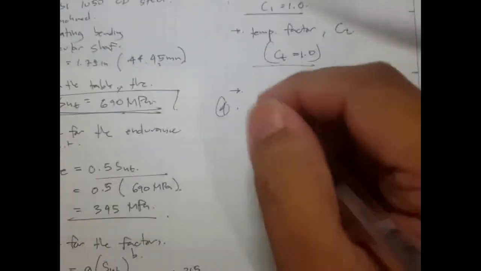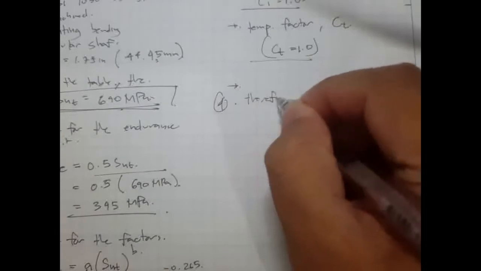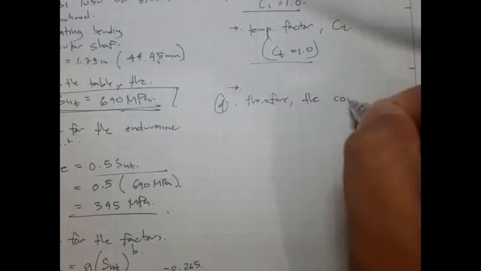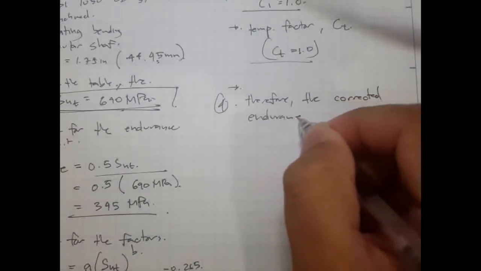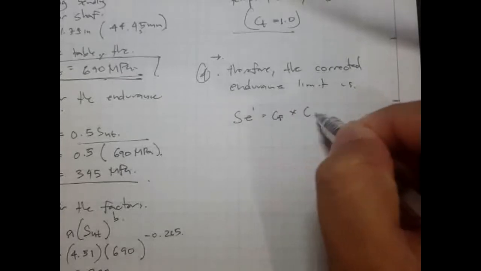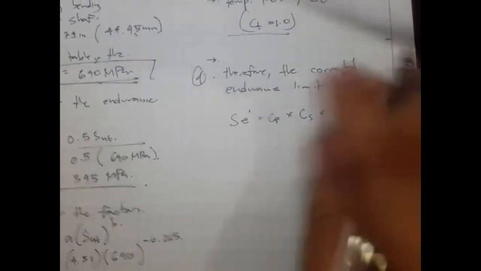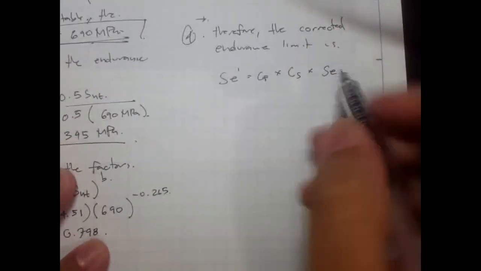Therefore, the corrected endurance limit, S_E prime, is equal to the surface finish factor times the size factor times the theoretical endurance limit.